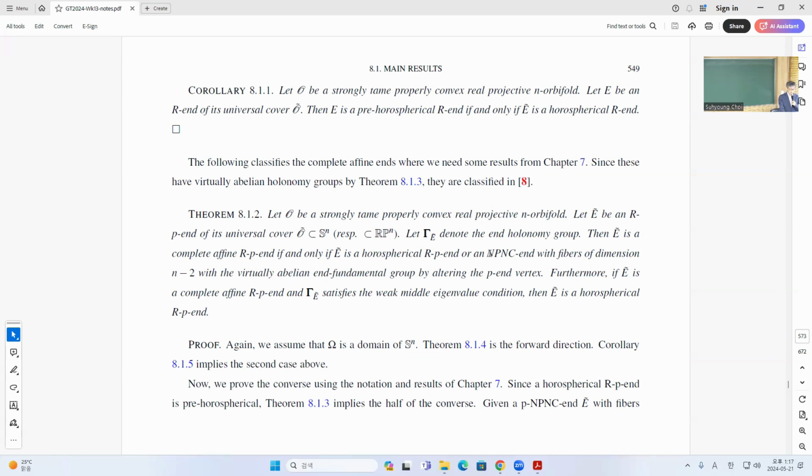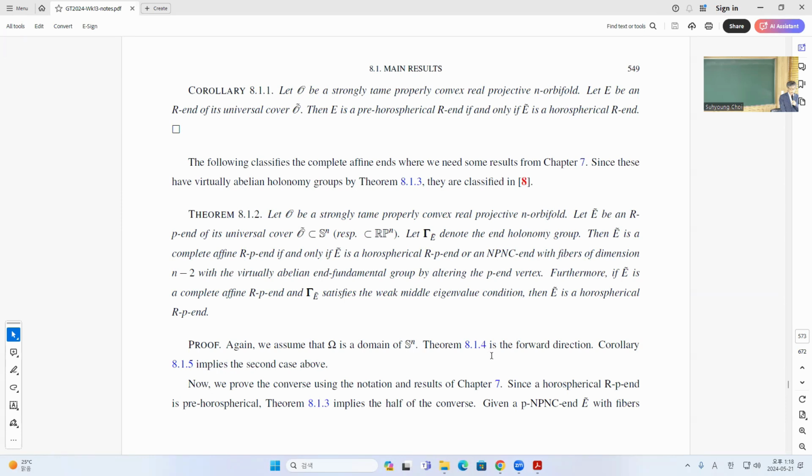Originally it has some other vertex, but if you change to the proper vertex, then it becomes NPNC. Otherwise it is complete to begin with. Also, if it satisfies the weak middle eigenvalue condition, then the only case is the horospherical one. Okay, that's what we are going to prove here.